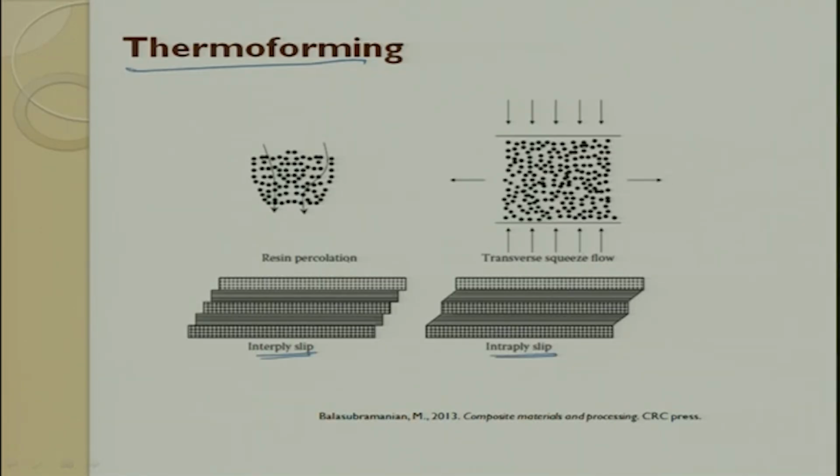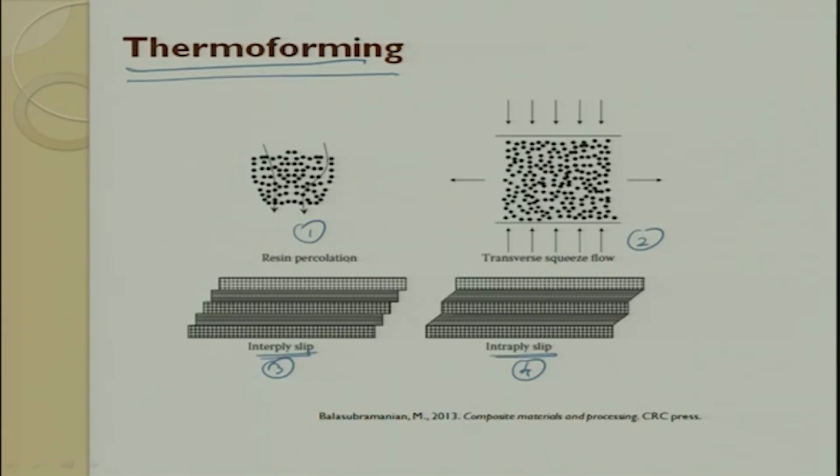So, these are the mechanisms: resin percolation, transverse squeeze flow, interply and intraply slipping. These are the 4 phenomena which generally happen in the thermoplastic forming process. If this process has to be done with thermoset, it is slightly easier.